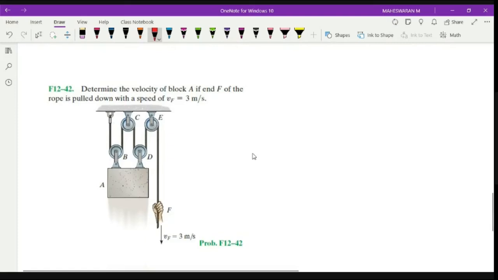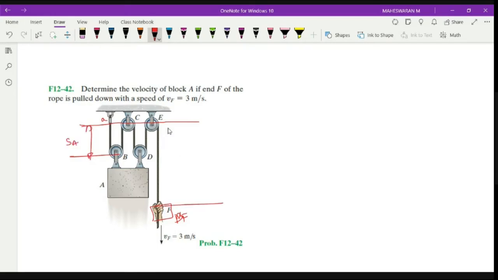Okay, let me consider this one. So again, you consider this as one block, block F, and this is block A. So again, I will draw a datum plane here. Extra A, and from here to here, this is SA.